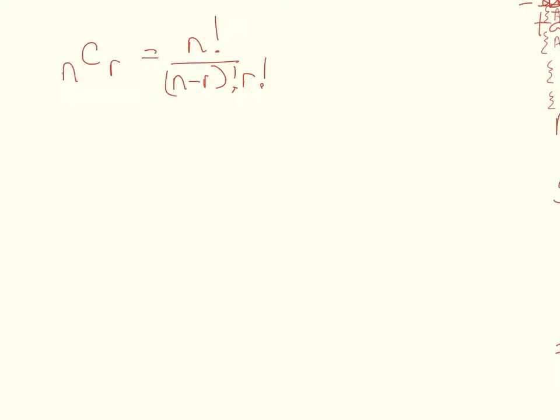Okay, I left the formula at the top of the page. Let's do another one. This is probably something some of you might be interested in. A standard poker hand consists of 5 cards, and it's dealt from a deck of 52 cards.